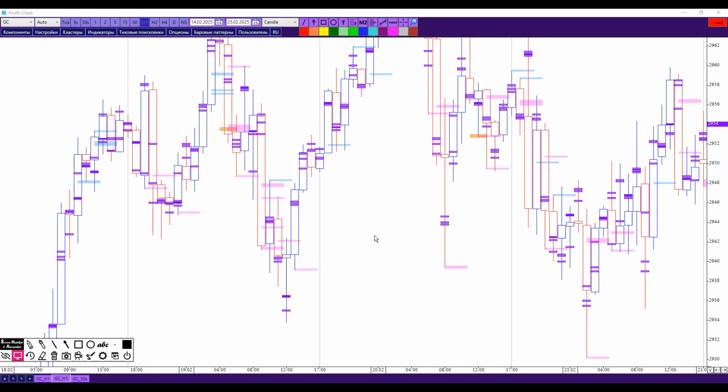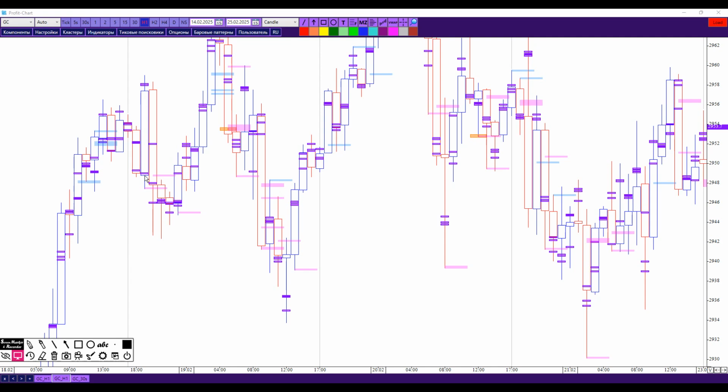The location of these three maximum volumes can give additional opportunities for visualization. For example, three maximum volumes were located in this zone. And when the next hourly candle was formed, it is noticeable that it touched the tail, tested these volumes and went up.